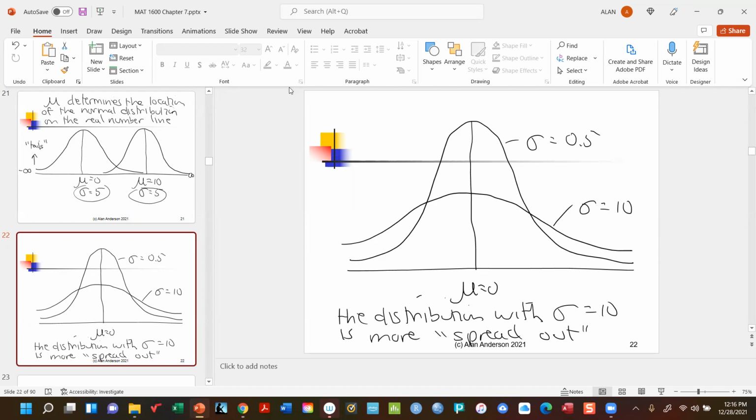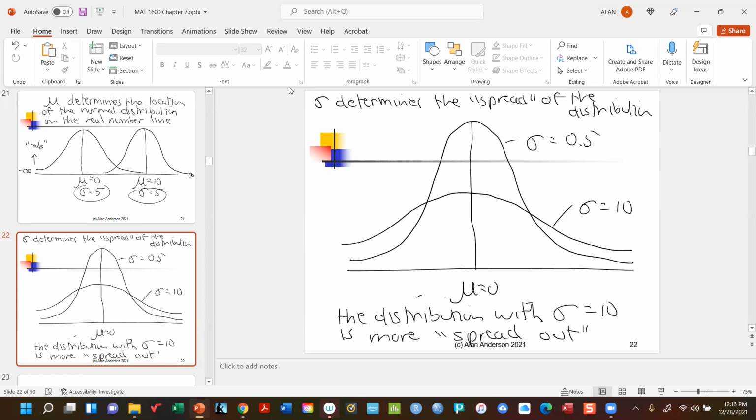So what this means is that sigma determines the spread of the distribution. Okay, so the mean determines the location, the sigma or standard deviation represents the spread.